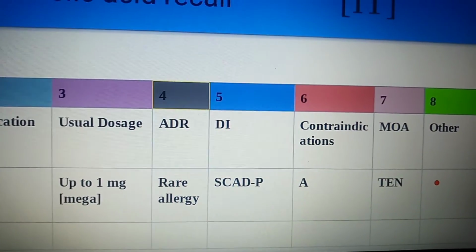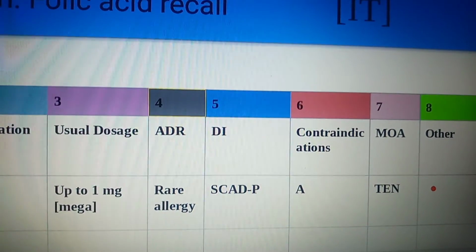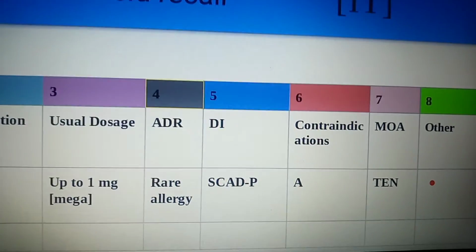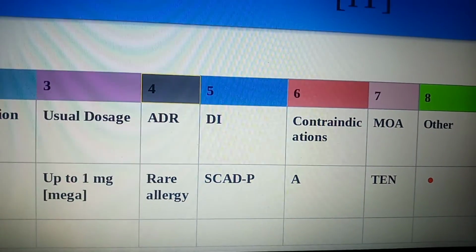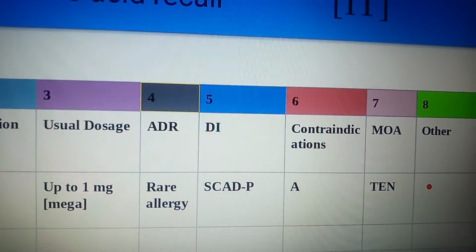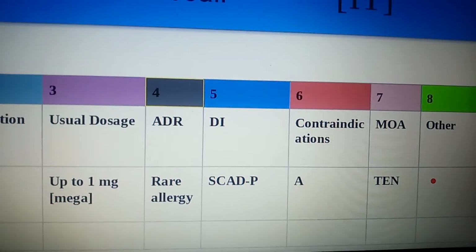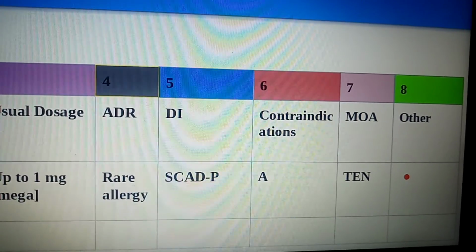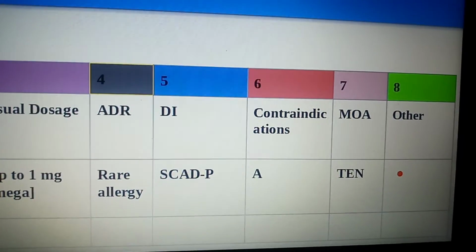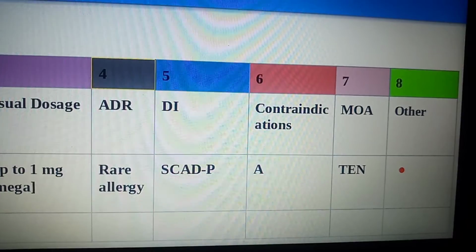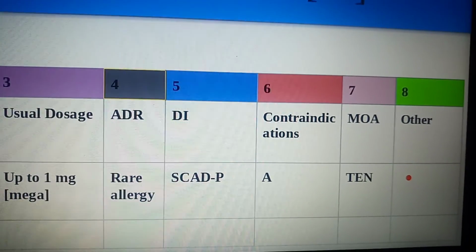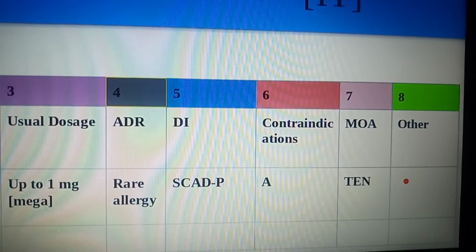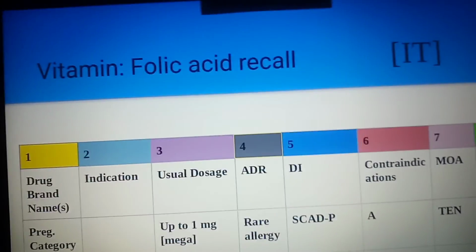Contraindications for folic acid would be anemia. Pernicious anemia would be a contraindication for folic acid, and severe megaloblastic anemia would be a contraindication for cyanocobalamin. Mechanism of action for folic acid is it's used in the synthesis of thymidylate, maintenance of erythropoiesis, and synthesis of purine nucleotides. That's folic acid recall.